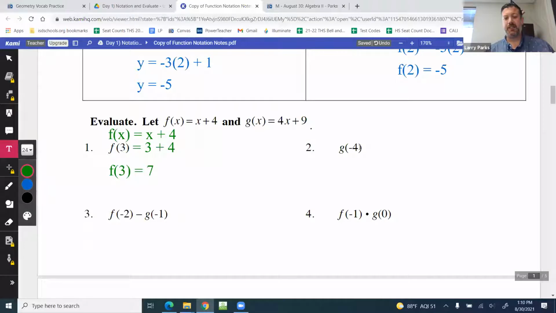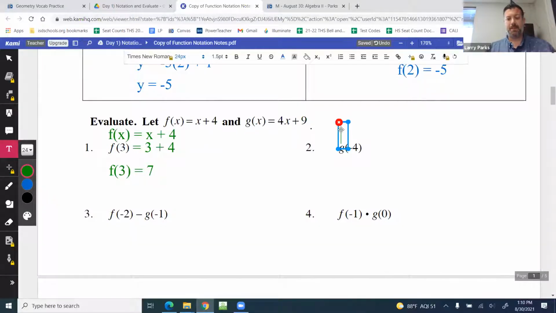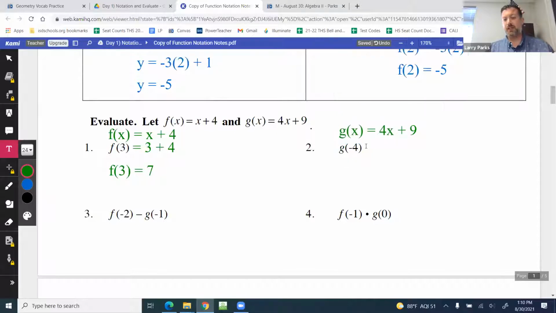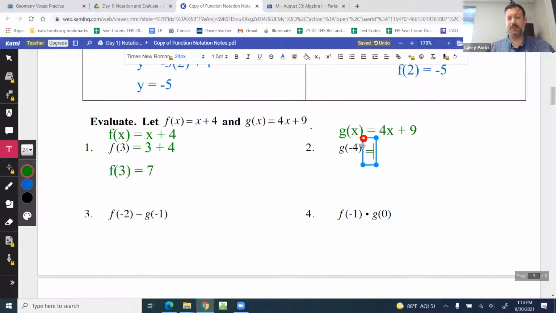g of -4, here's my g function. My g function says you take 4 times your x plus 9. So g of -4 means take 4 times -4 plus 9.